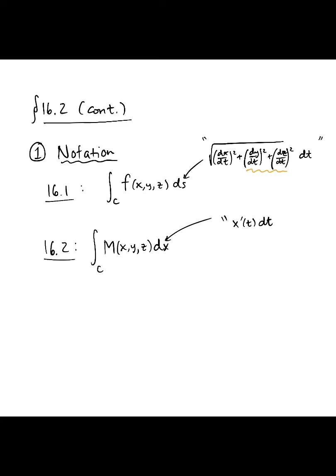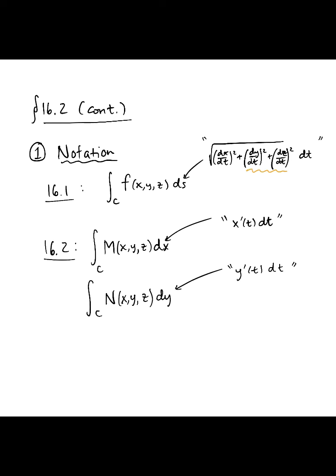Okay, and if you're willing to go that far, then maybe you're willing to go a little further and think about the line integral over a curve C of a scalar function capital N with respect to y, which I'm sure you can guess just goes in as a y prime of t dt in your integral.